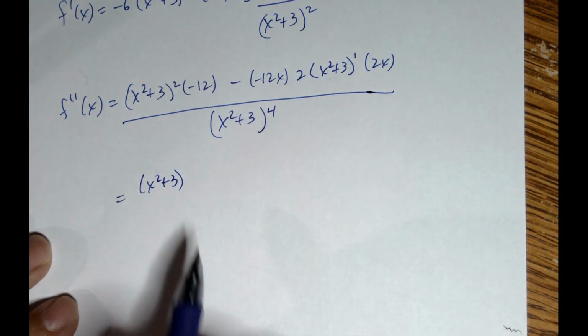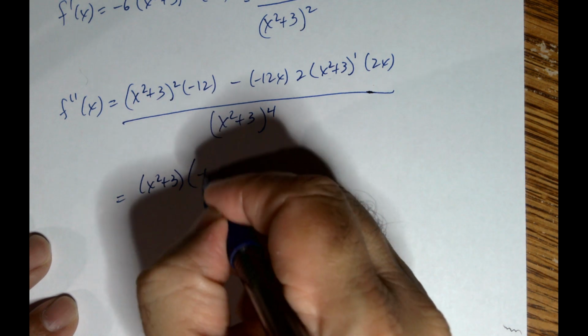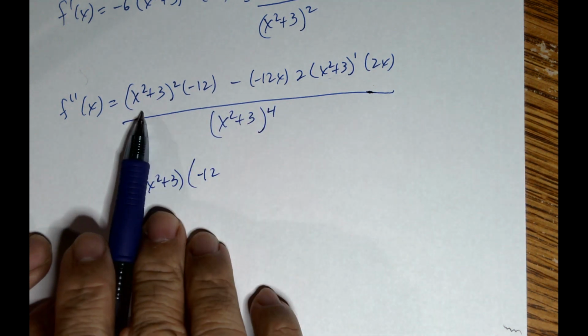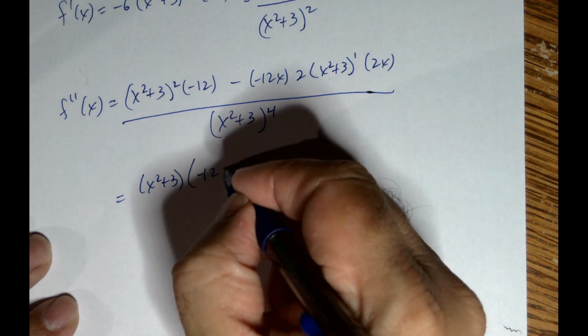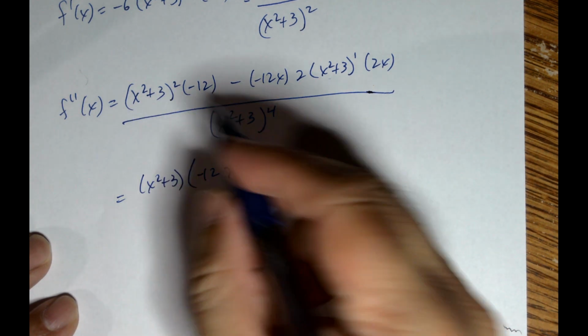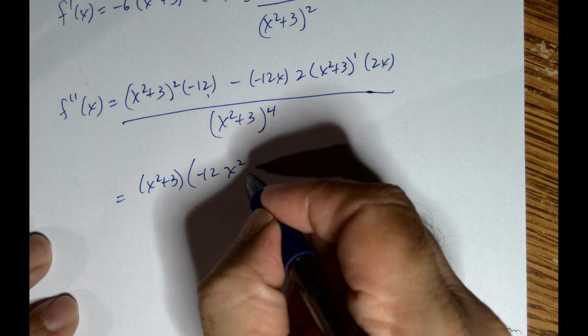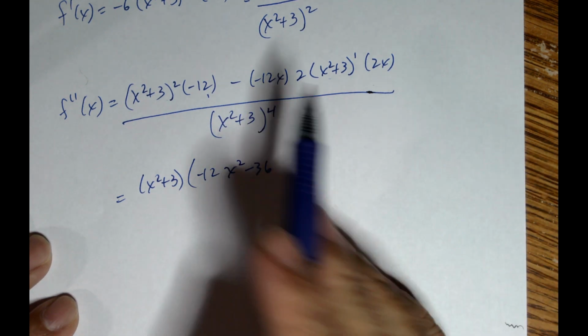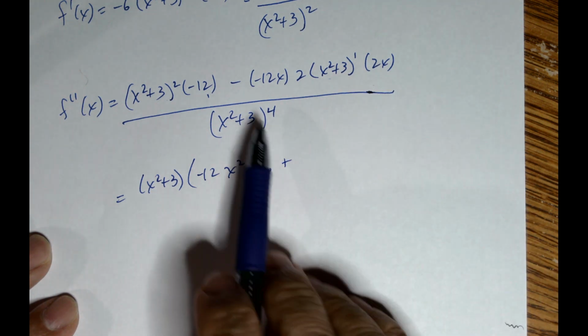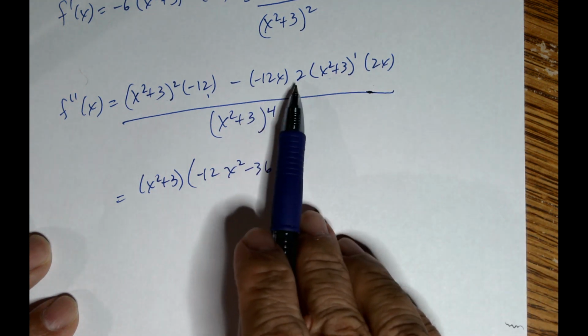When I do that, it's going to leave me a negative 12. I'm only taking one power of x squared plus 3 out, so it's going to leave another x squared plus 3. So I'm going to go ahead and multiply that. So it's going to be negative 36, and that's going to be a plus 12x times 2x.